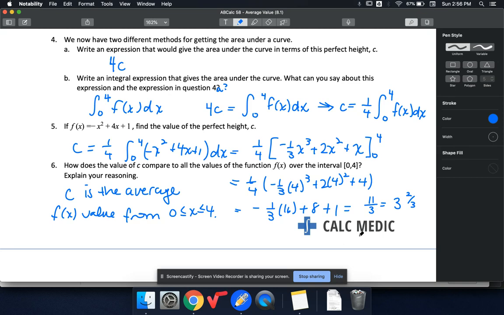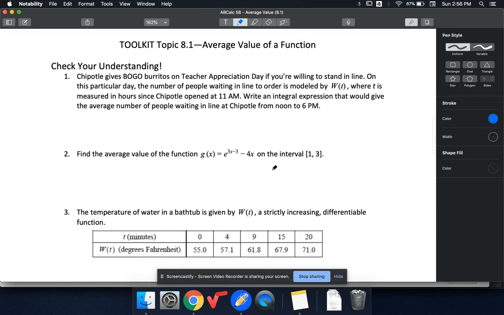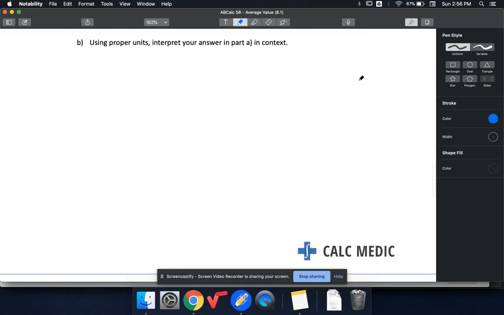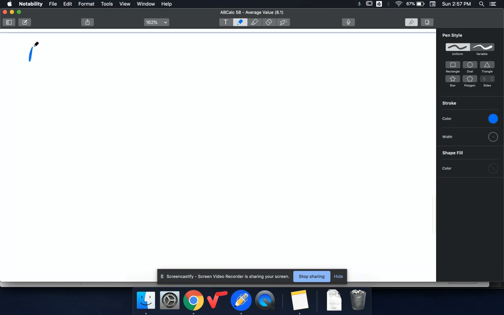So let's go ahead and toolkit that. I'll come down here to a new page. So, average value of a function f of x on x is an element from a to b.